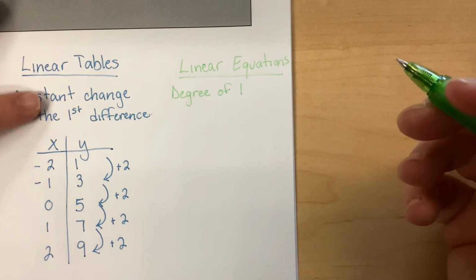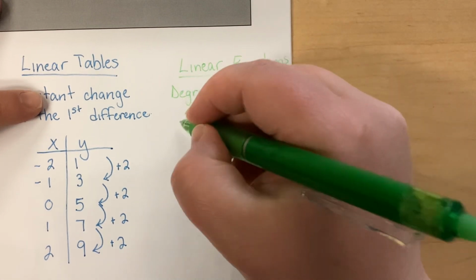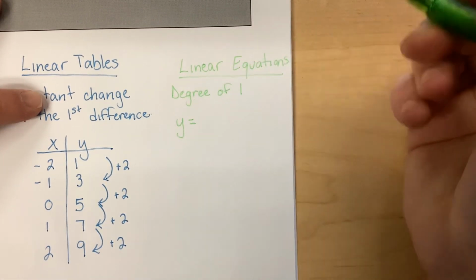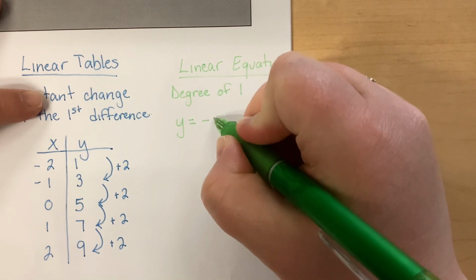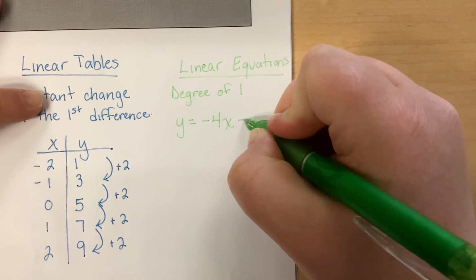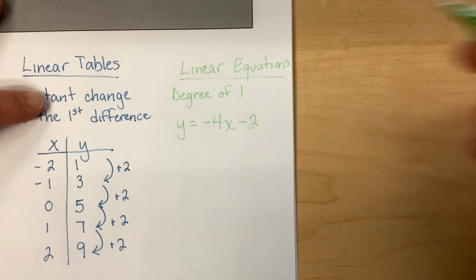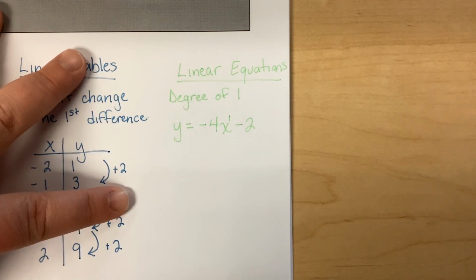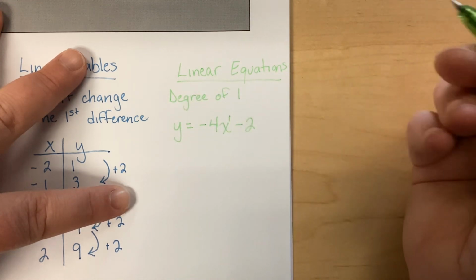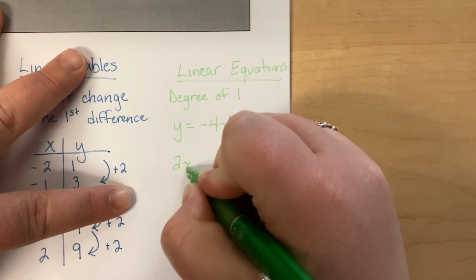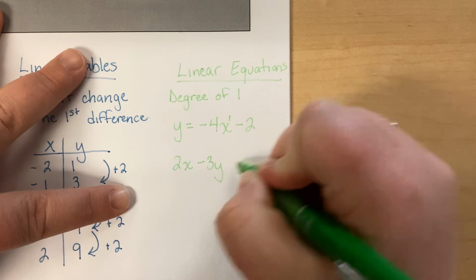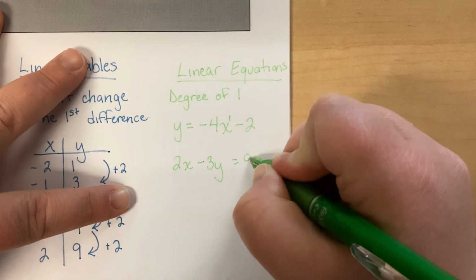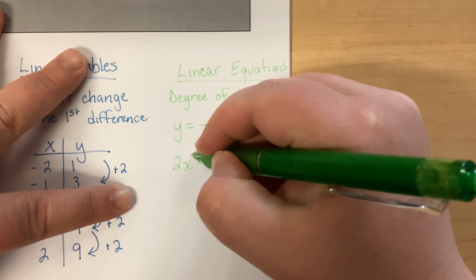So degree of 1 means the biggest exponent is 1. So the most common that we see is slope-intercept form, like y equals negative 4x minus 2. That's an example. That's x to the first power. We've also seen them in standard form, so that would be like 2x minus 3y equals 9. Again, x to the first power here.